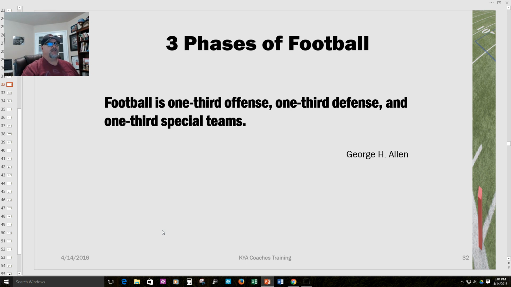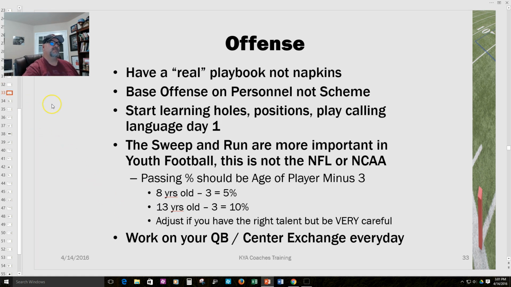The big thing on this note is do not forget special teams in youth football. It will win you many, many games, and you will lose many games because of special teams. But right now we're going to get right into offense.